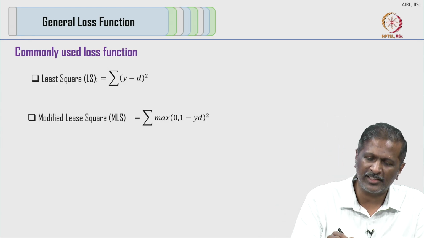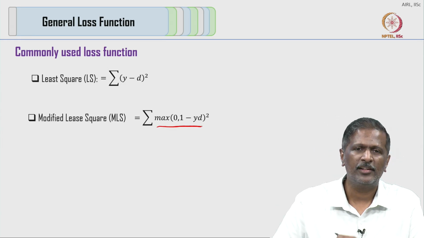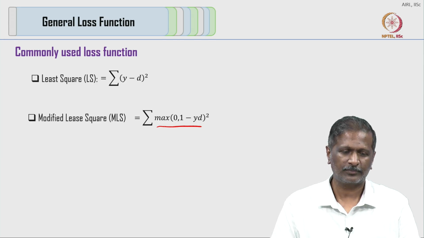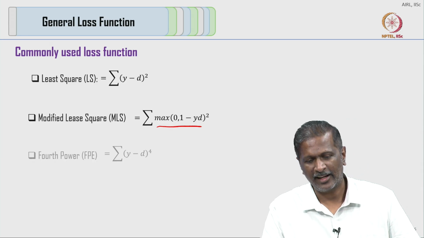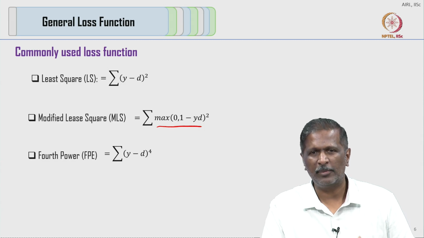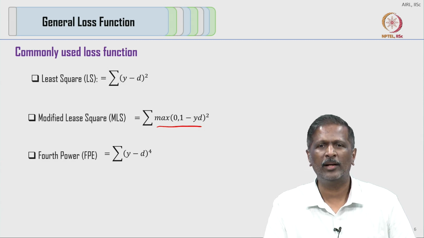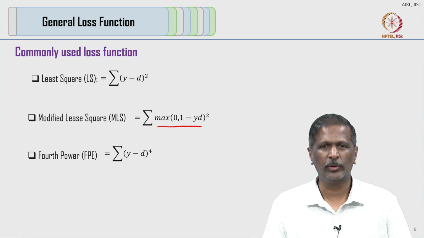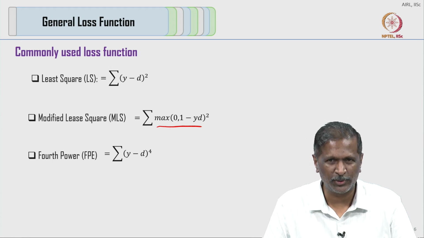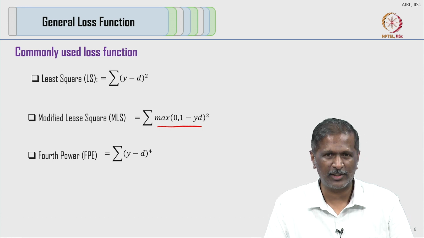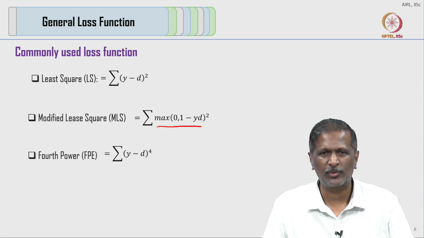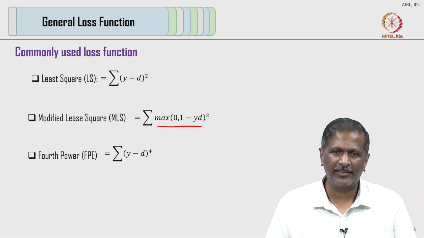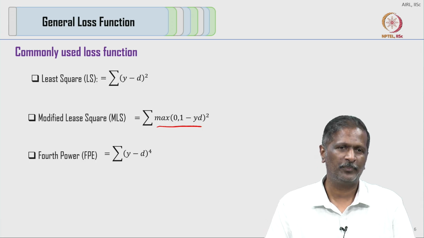So the function is max of 0, 1 minus yd, the whole square. What happens if I want d equal to 1 and you are predicting, let's say, 2? 2 into 1 is 2. 1 minus 2 is -1. Max of 0 and -1 is 0, and 0 squared is 0. So you are not penalizing for being overconfident.